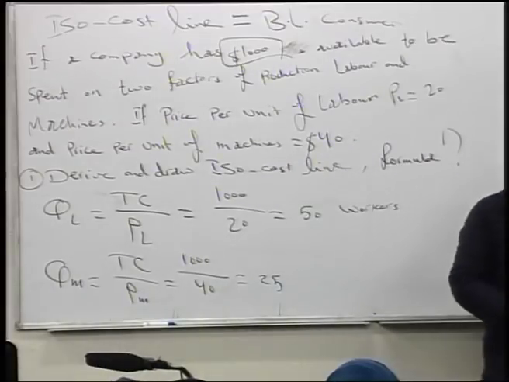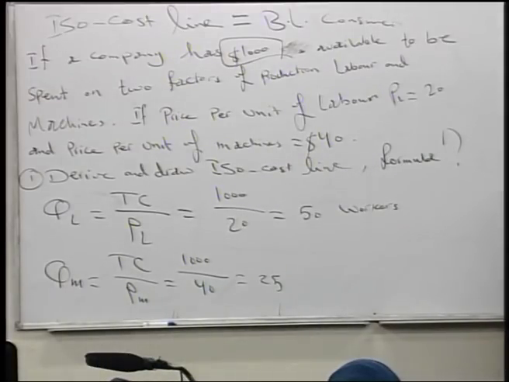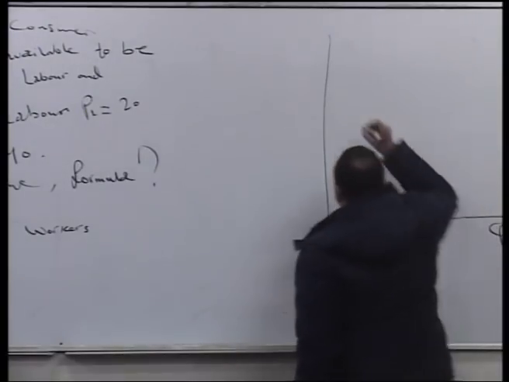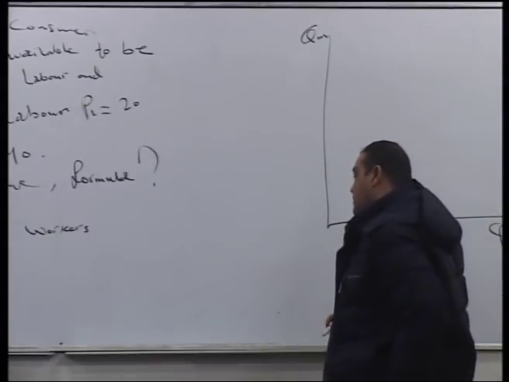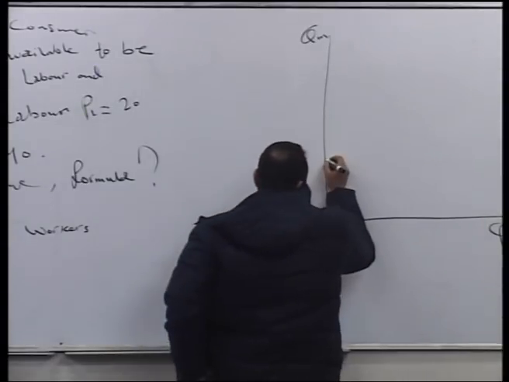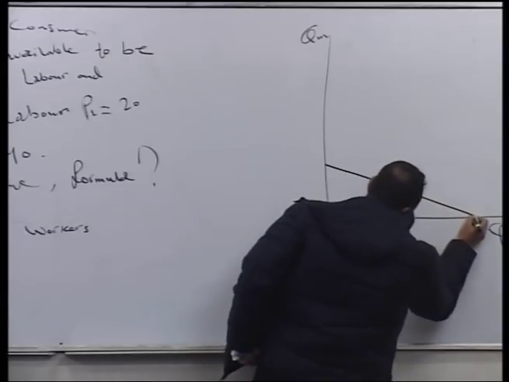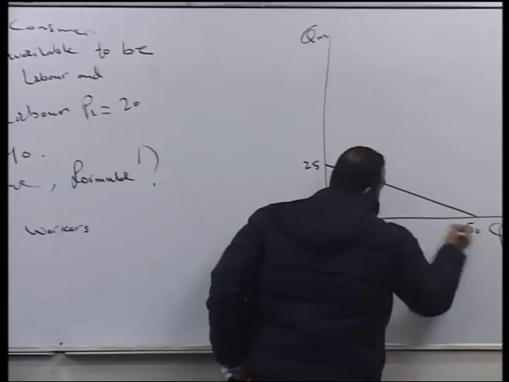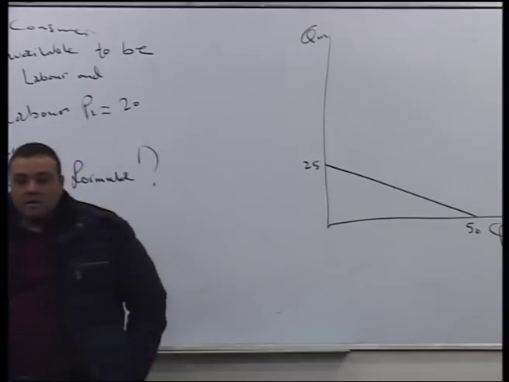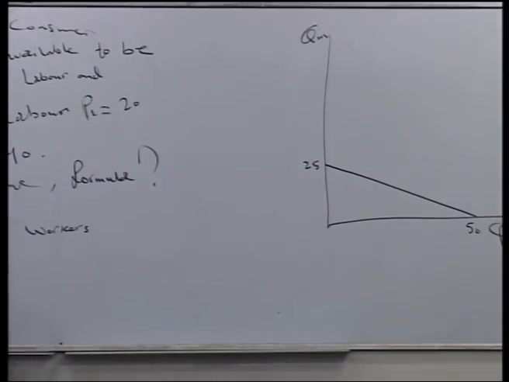Let's draw the budget line, or the ISO cost line, here. Quantity of L and quantity of M: 25 on the M axis and 50 on the L axis. Do you remember the budget line formula?